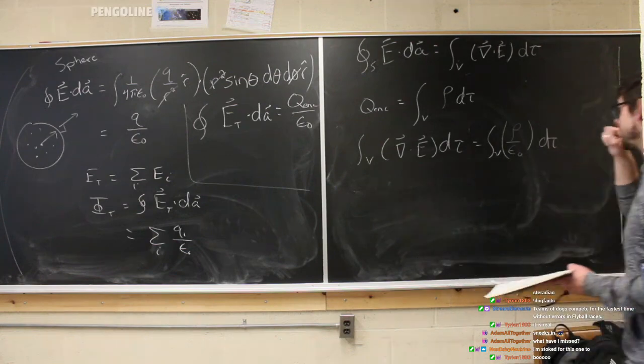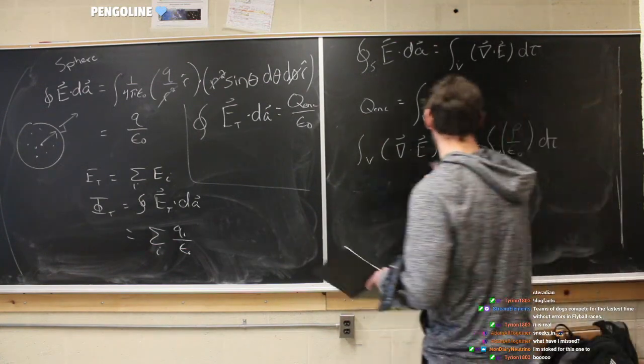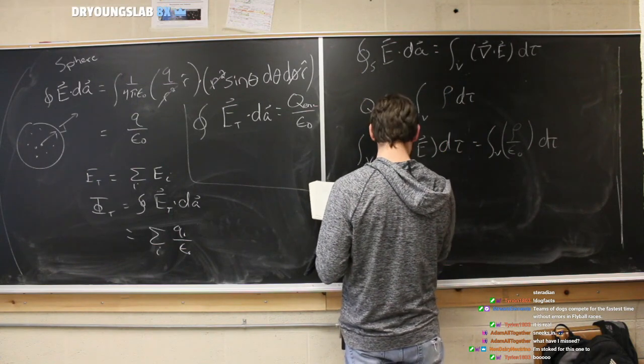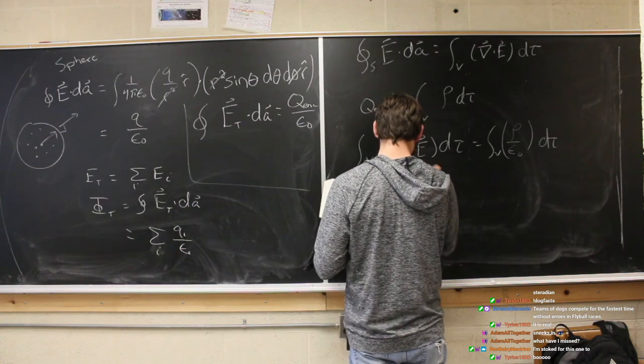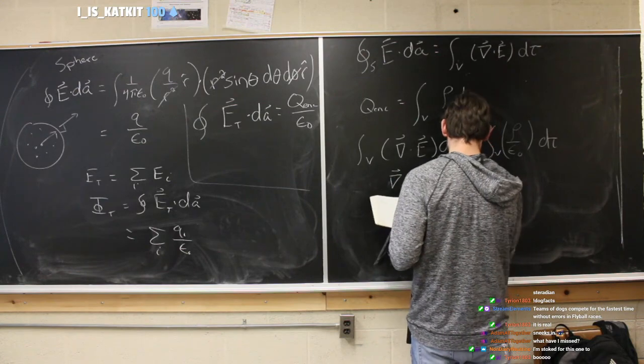So now, if we look at these two integrals, they're the same volume integral on either side, so we can set these two things equal, and we get the divergence of the E field is equal to rho over epsilon naught.